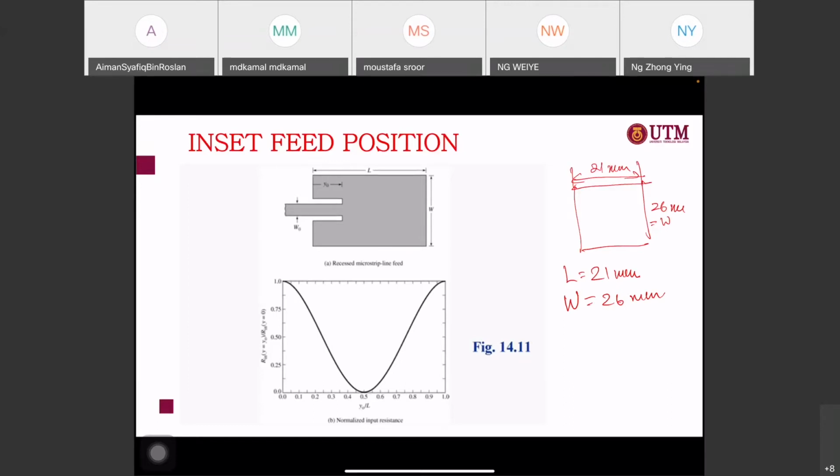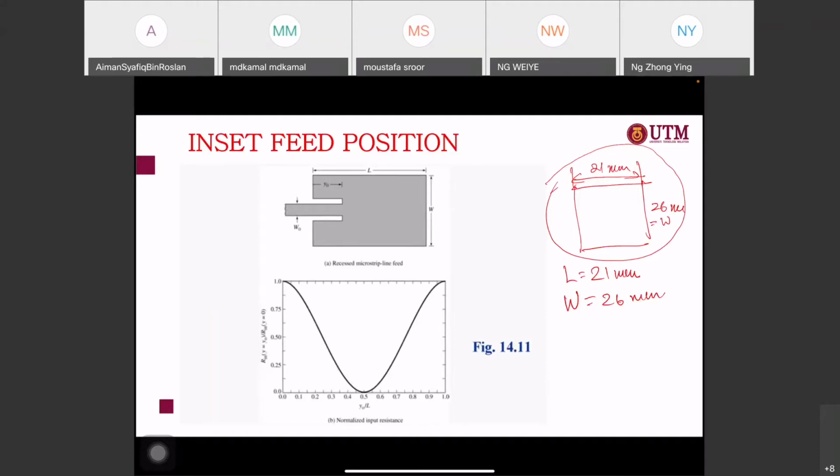Okay, right. So next I want to show you how you want to feed it, because usually if you have this kind of patch here, you need to match it with your transmission line.